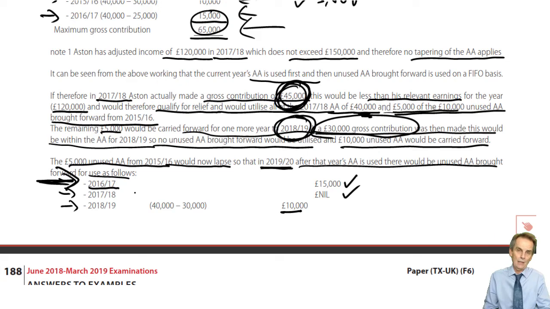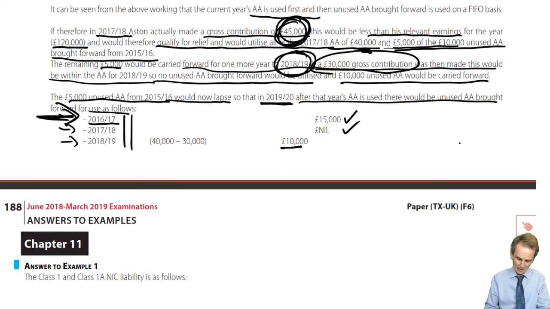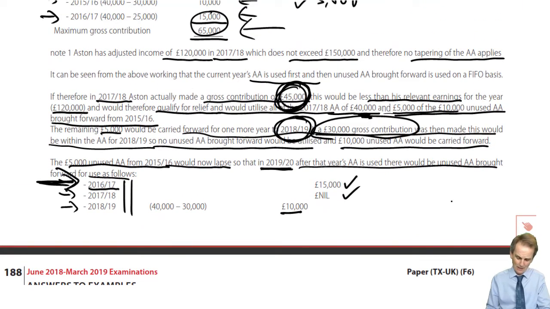So to 2019-20, we'd have the £40,000 AA for that year. The 3 years before it are the 3 that we identify here. We would go back only if we made a contribution above £40,000 in that particular year. If we went above 40,000, what would we then use?